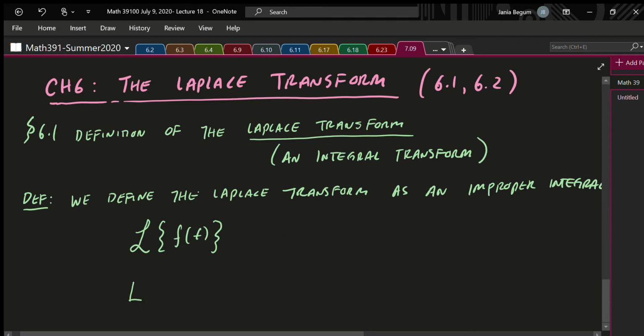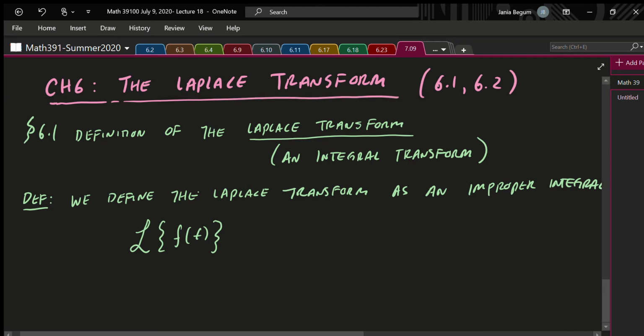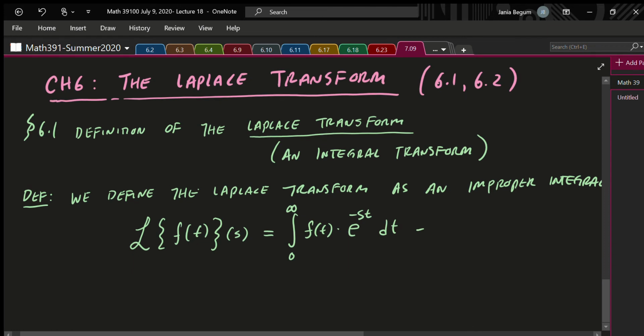You can probably spend time on making a really good Laplace transform looking L. Having said that, the Laplace transform of a function f of t, evaluated at s, is equal to the improper integral from 0 to infinity of f of t times e to the negative st dt. And what it outputs is a function of s, that's big F of s.